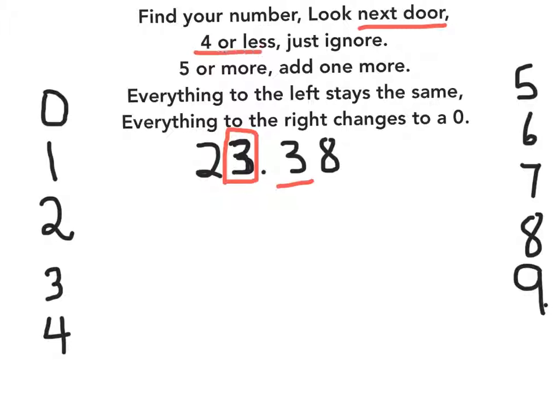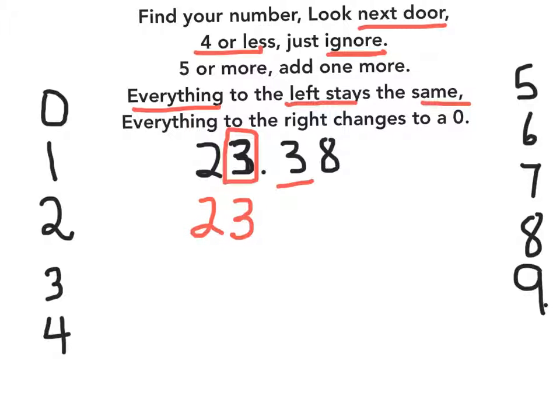4 or less, just ignore. And the 3 does, in fact, fall into that 4 or less category. So the 3 remains a 3, and everything to the left stays the same.